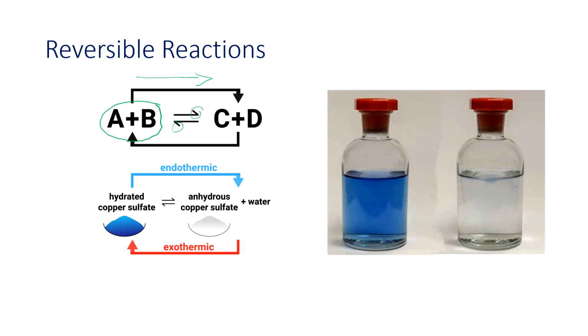It's the opposite of whatever is in the forwards direction, and that means it gives out energy to the surroundings. And the products of this reaction make the original reactants over here.